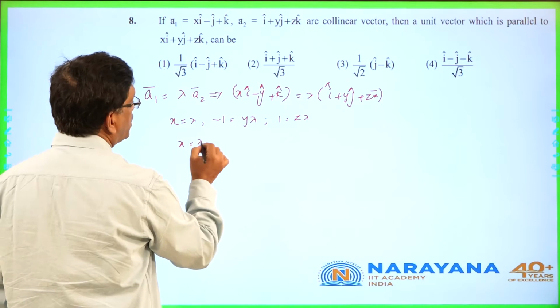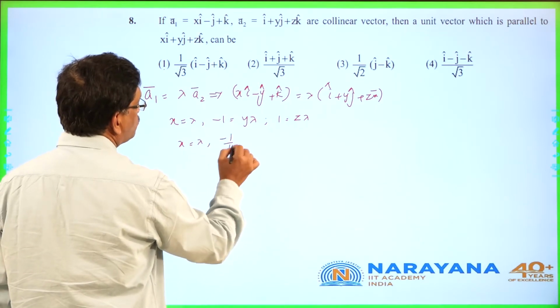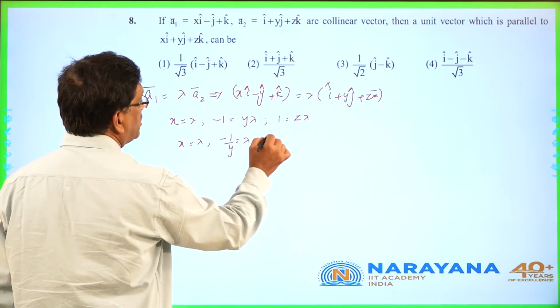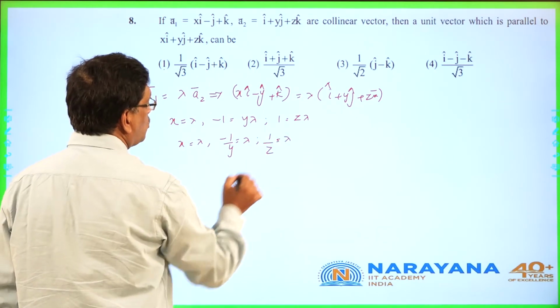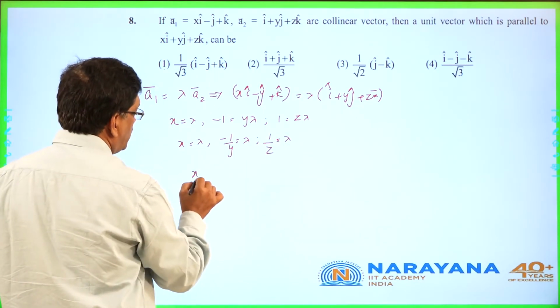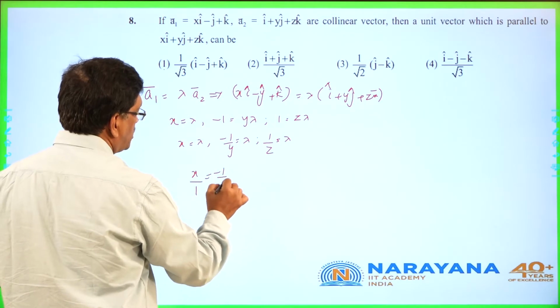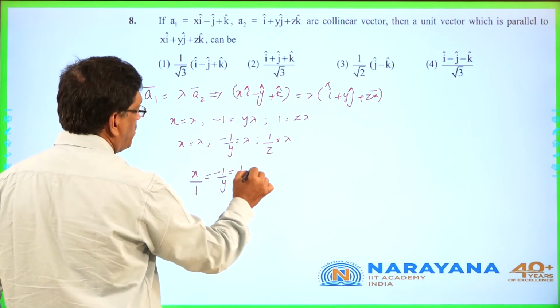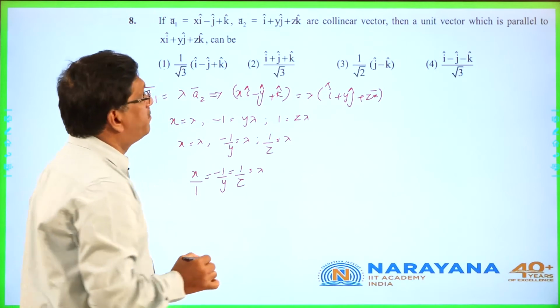So x is equal to lambda, minus 1 by y equal to lambda, 1 by z equal to lambda. So that is x by 1, minus 1 by y, 1 by z equal to lambda.